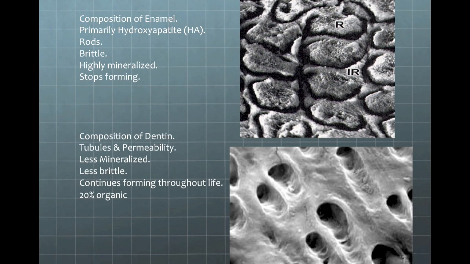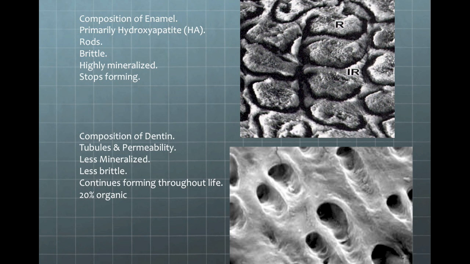So a quick refresher, I guess, of dentin and enamel. You can see that enamel is primarily hydroxyapatite, 96% mineralized, the most mineralized substance in the human body. The composition of dentin is quite different. It has tubules and it's permeable.